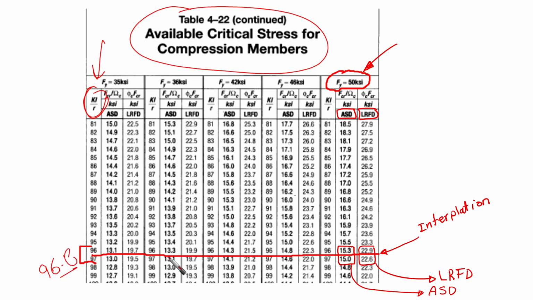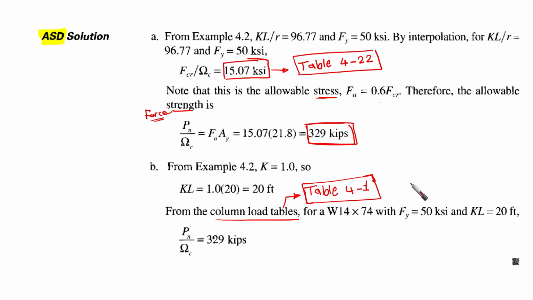Then we take the value of F yield equal to 50, and then instead of LRFD we go to ASD. You are going to find two values here, 15.3 and 15.0. By interpolation we can obtain the value in between. This is what we have obtained here.